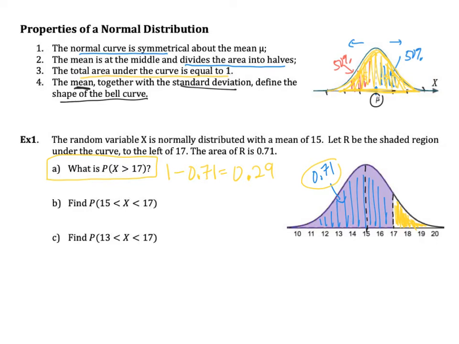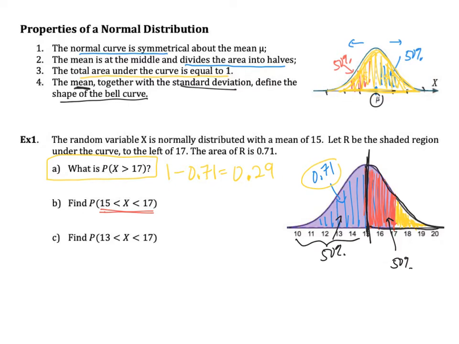Okay, how about for the value to be caught between 15 and 17? What is the area of this red portion of the graph? Remember that the mean, which is 15, separates the data into 50% on this side and 50% on the right-hand side.